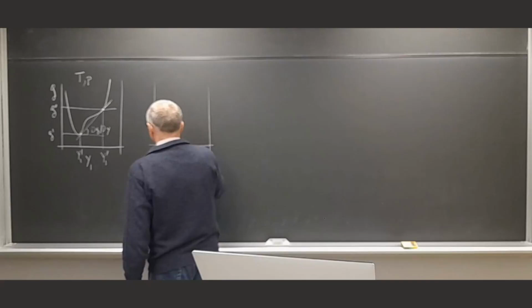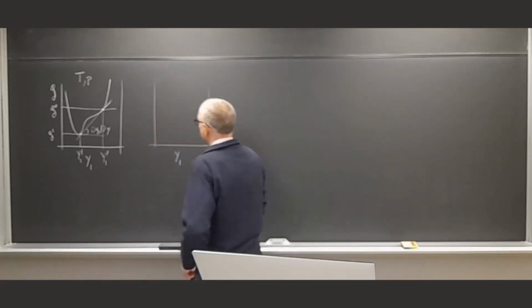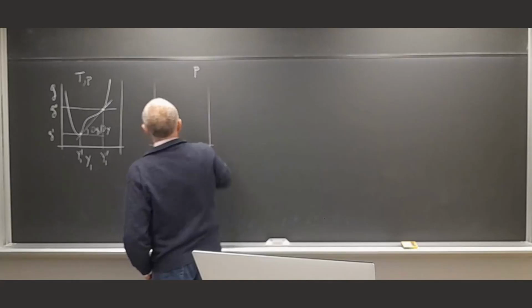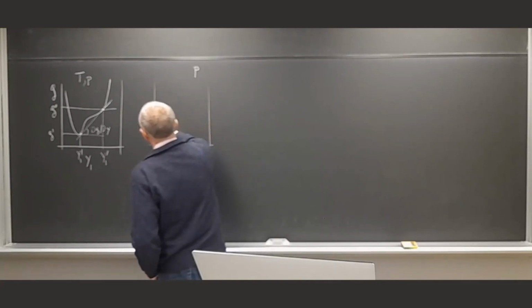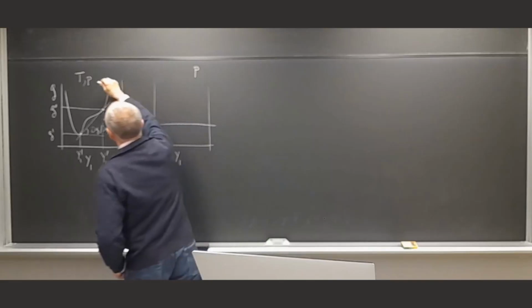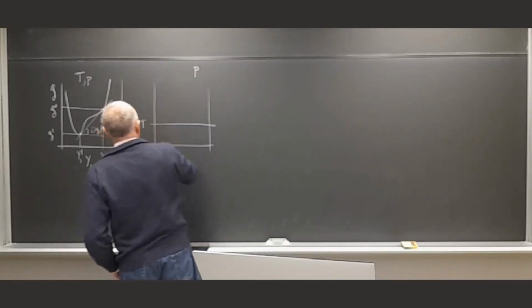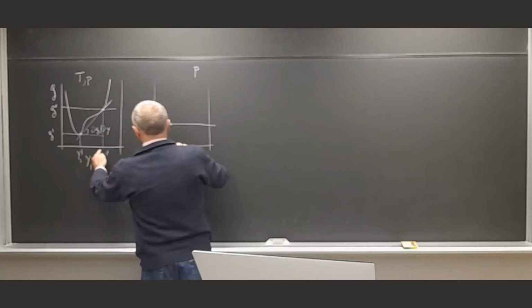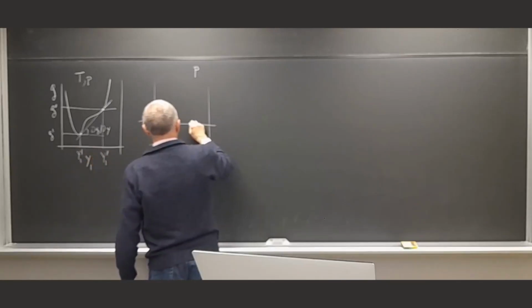So again, that means suppose I fix now the pressure, and I take that temperature. So at this temperature, T, I'm going to plot these 2 points that I have found, y prime and y double prime.